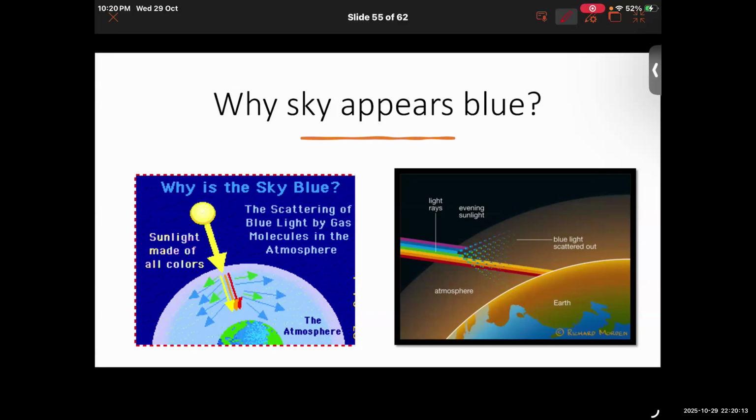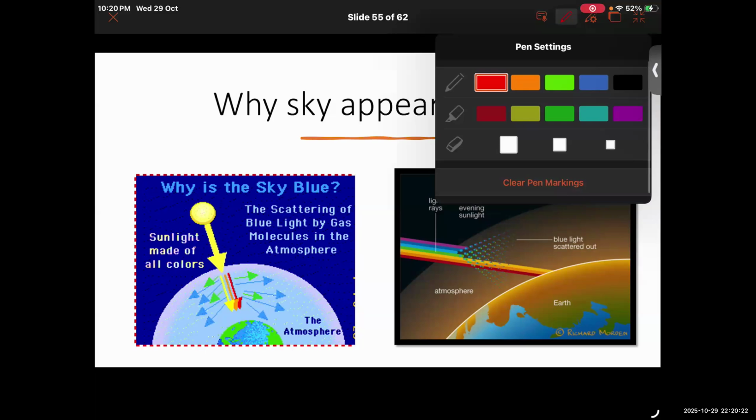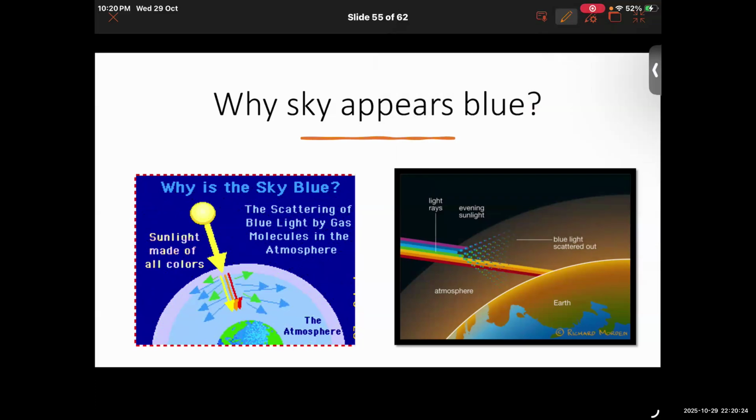See, basically, the sunlight, as you know, is made up of different colors: violet, indigo, blue, green, yellow, orange, red, etc. As the sunlight passes through the Earth's atmosphere, different colors of the white light are scattered differently by the gas molecules present in the atmosphere.